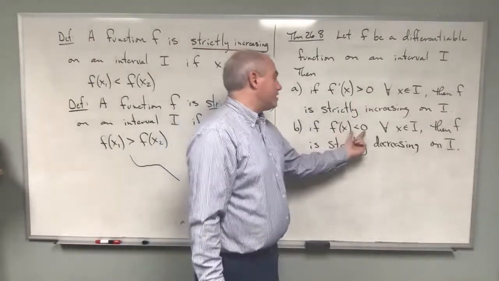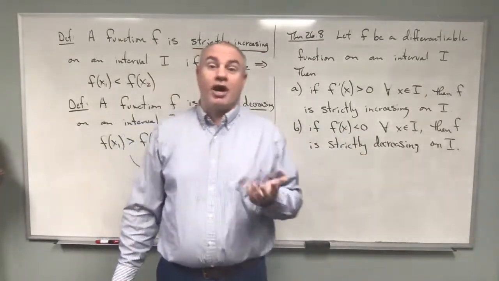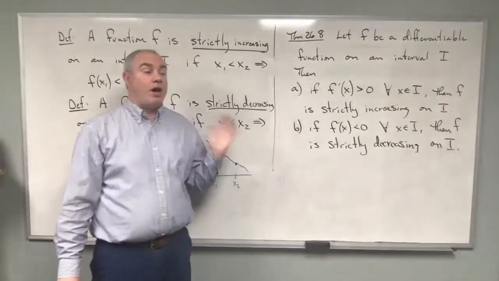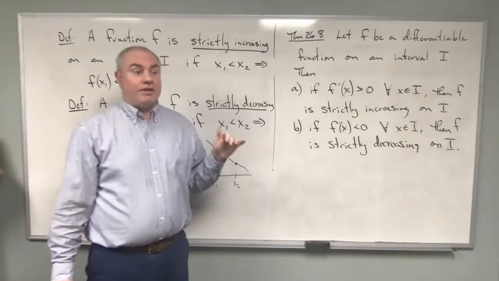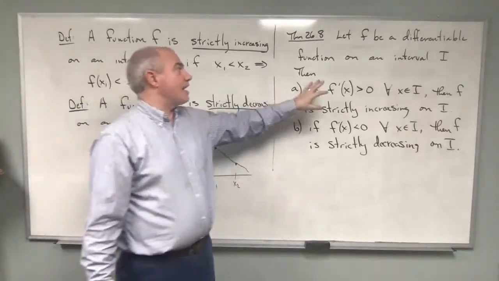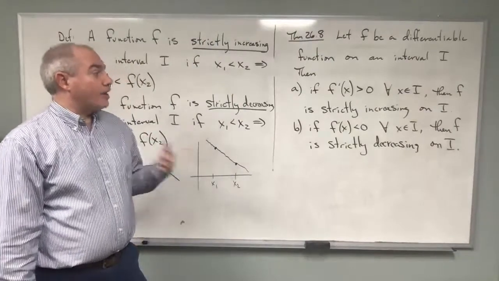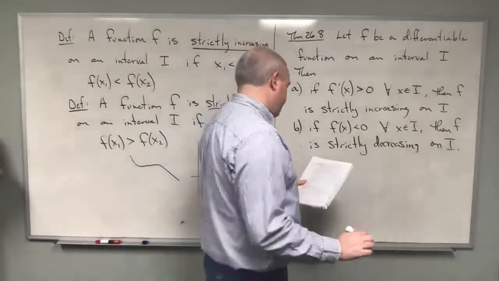If the derivative is negative everywhere, it's strictly decreasing. And this isn't like shocking news if you've taken some calculus, right? You know that positive derivatives mean increasing, negative derivatives mean decreasing. And that's exactly what this theorem is telling us, is how to recognize when something is increasing or decreasing. So let's prove this.